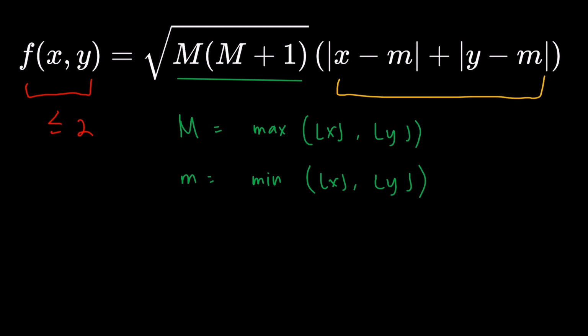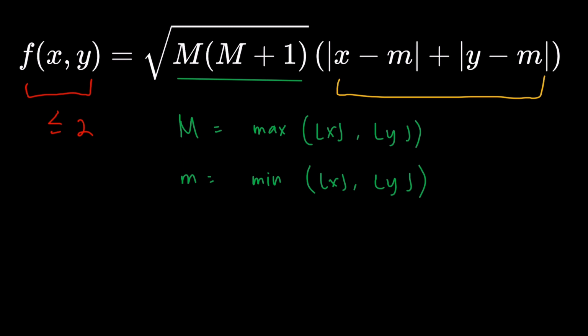If x is equal to y, then small m is just the floor of x and the floor of y. So if x and y are very close to each other, this part will be small. The yellow part will be small.